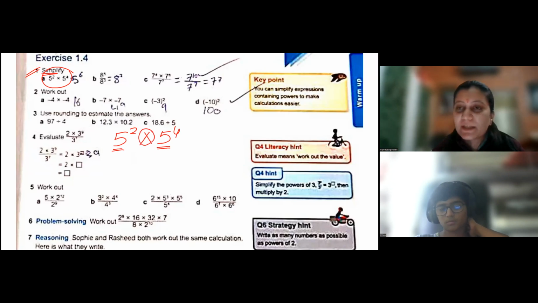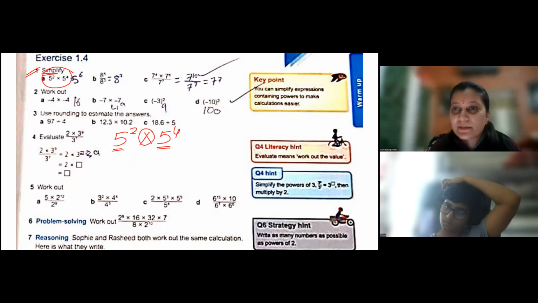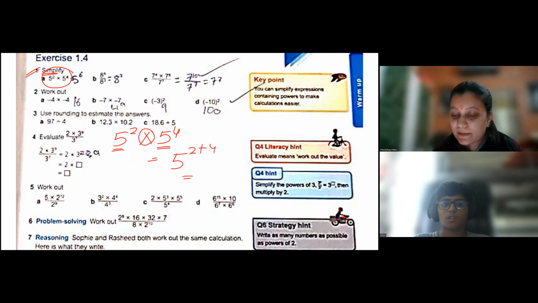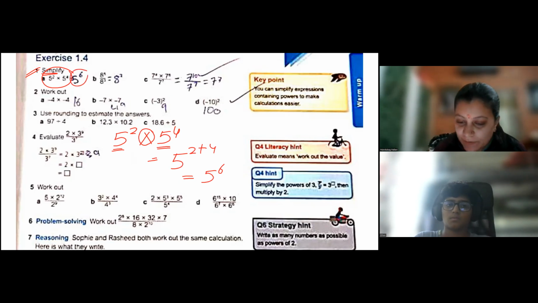There is multiplication in between. What do we do in such a case? When bases are the same and there is multiplication, powers get added up, isn't it? Correct. 5 to the power 6. Yes, you have written it correctly.